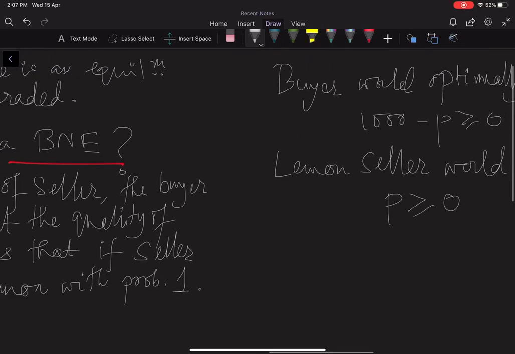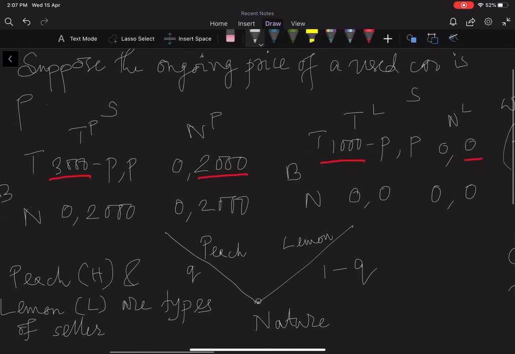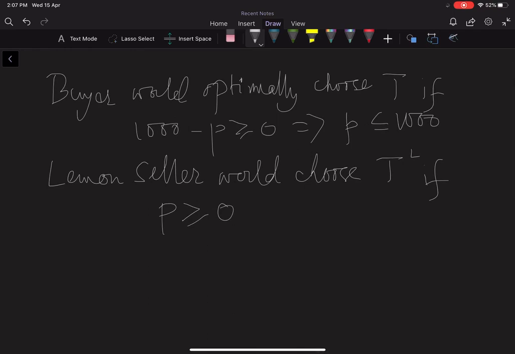If I go back to the matrix, you see the lemon seller gets 0 payoff if he says no. He gets payoff p if he says trade. Therefore the lemon seller would say trade if p is bigger than or equal to 0. Suppose price is always positive, so this is satisfied.